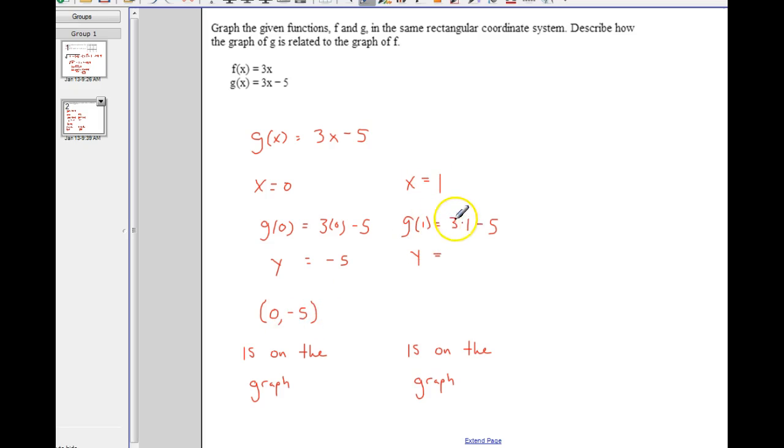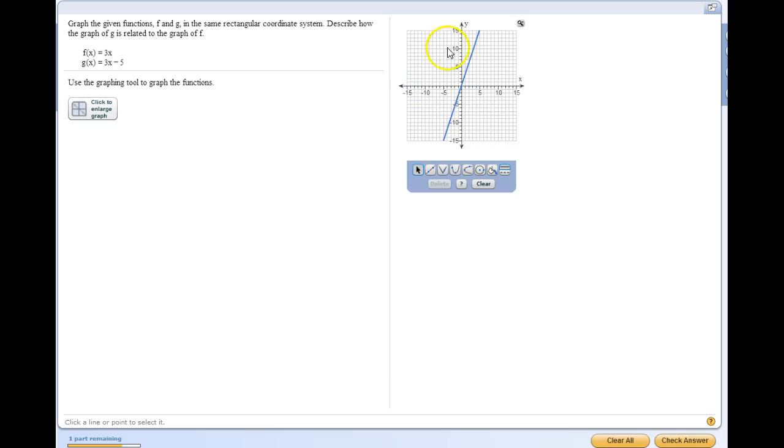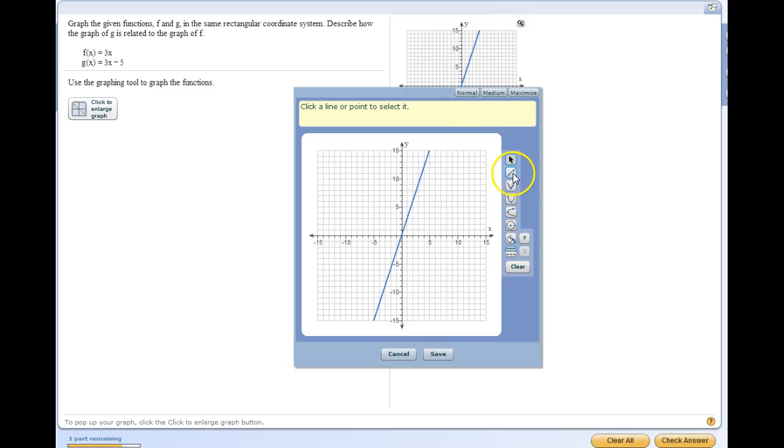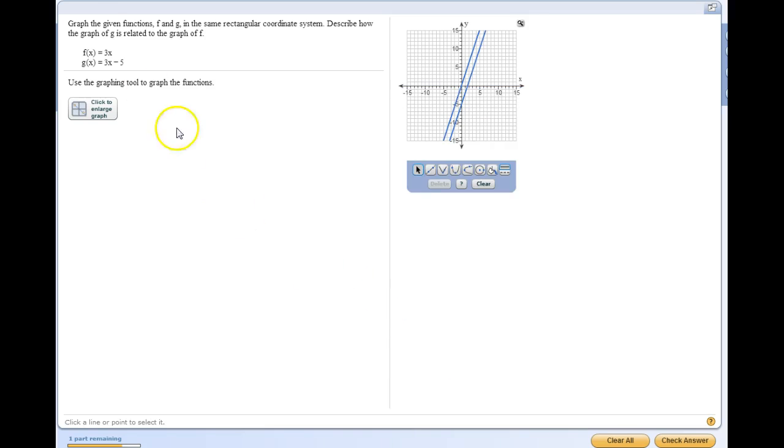And when x is 1, 3 times 1 is 3, 3 minus 5 is negative 2. So instead of 1, 3, now it's 1, negative 2. So 0, negative 5 and 1, negative 2 are on the graph. So I add another line tool, 0, negative 5, and then 1, negative 2. So save that. There's both of them.